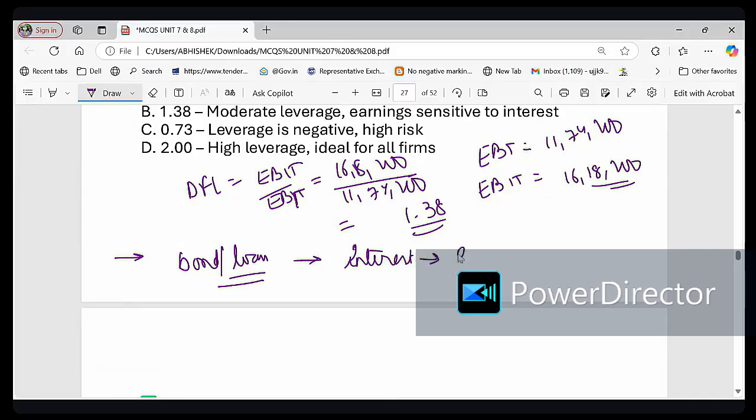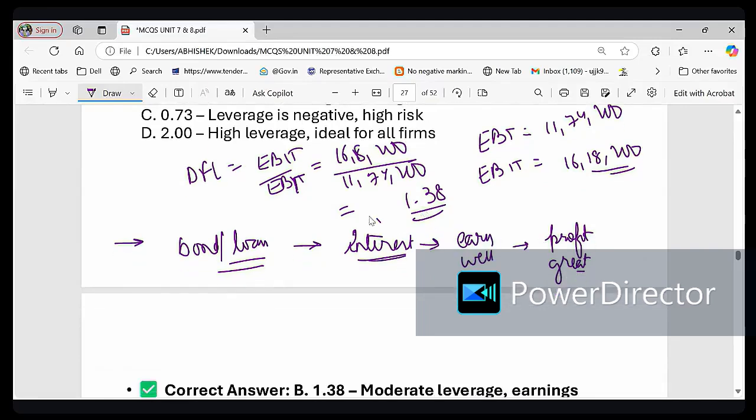If the company earns well, profits are great. But if the earning drops even a little, that fixed interest cost still has to be paid, isn't it? The company has to pay this interest no matter whether it is earning good or bad. That is where financial leverage comes in.